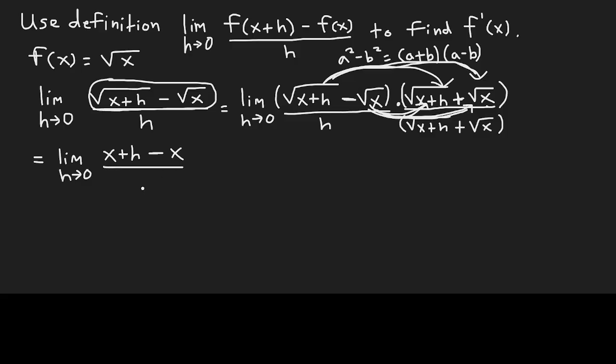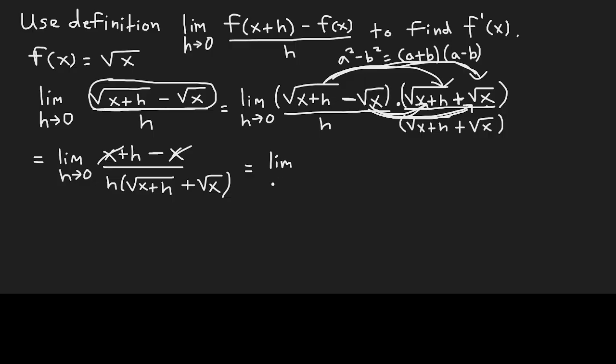That's all over h times the quantity square root of x plus h plus square root of x on the bottom. This helps us out a lot, because these x's are going to cancel out, and the h is only left on the top.